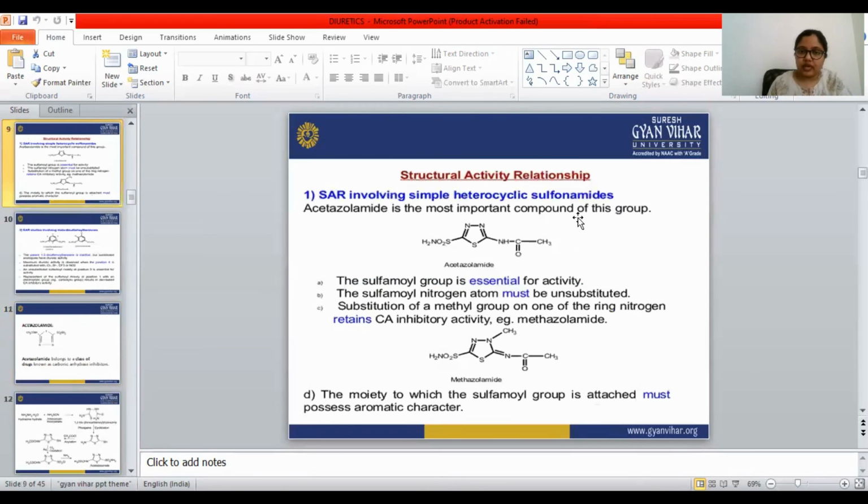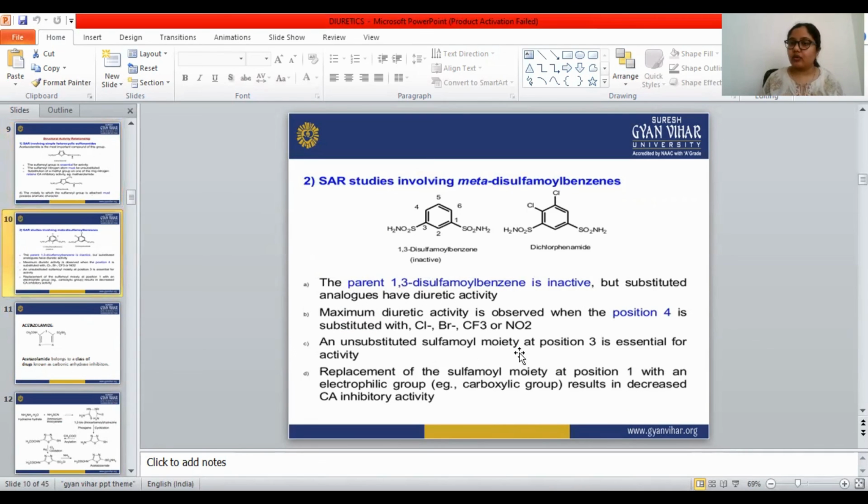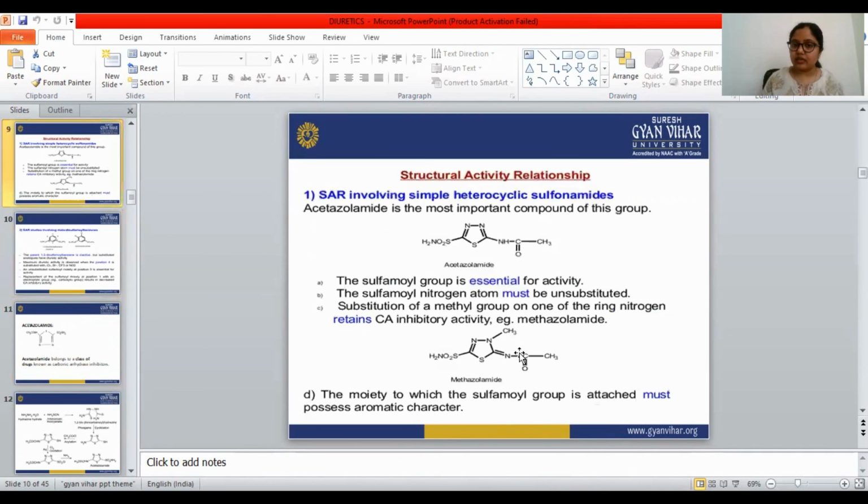And the other drugs are acetazolamide and methazolamide. In our syllabus we have to learn about acetazolamide, methazolamide and dichlorphenamide, and these three drugs come under the family of carbonic anhydrase inhibitors.